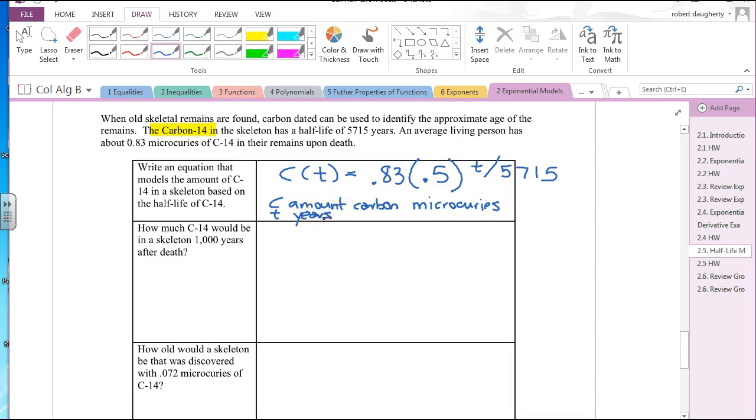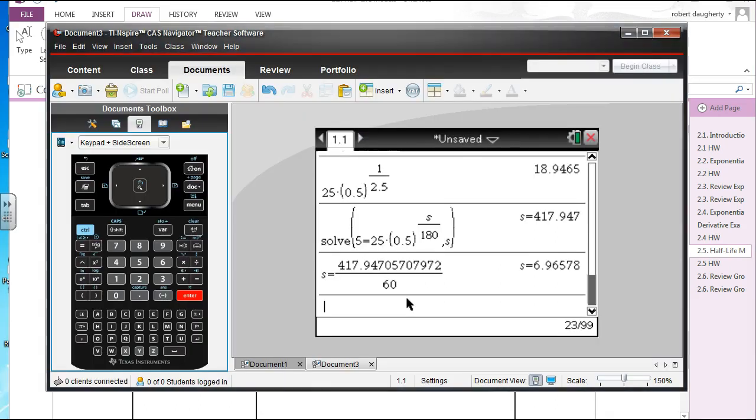So here's my formula. How much C14 would be in a skeleton 1,000 years after death? So the 1,000 gets plugged in for what variable? T, okay? So I just need to figure out what is 0.83 times 0.5 to the 1,000 over 5715. Anyone know that off the top of their head?